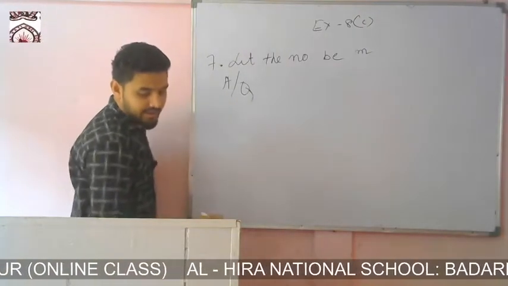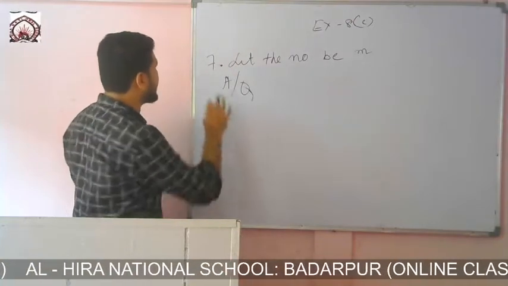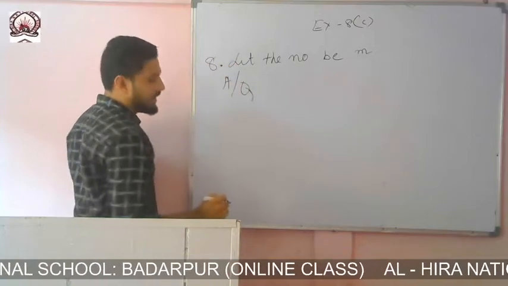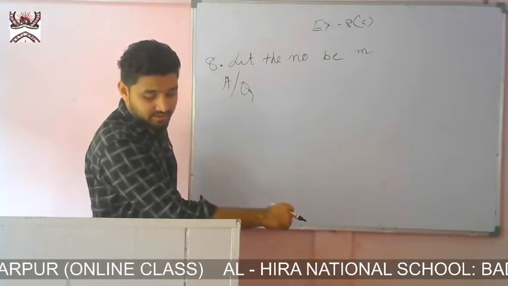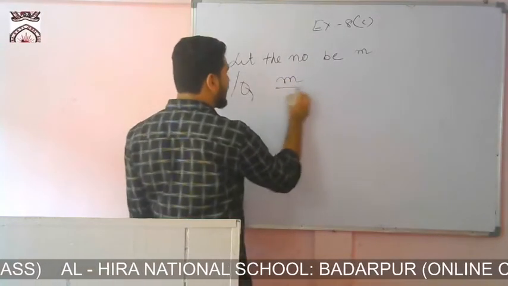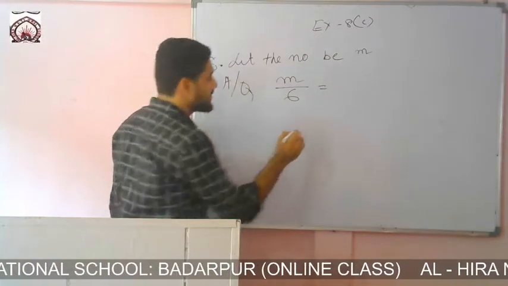According to the question, and it is question number 8, it is given the number divided by 6 equals 7. That means this is the number. If we divide by 6, then we will get 7.